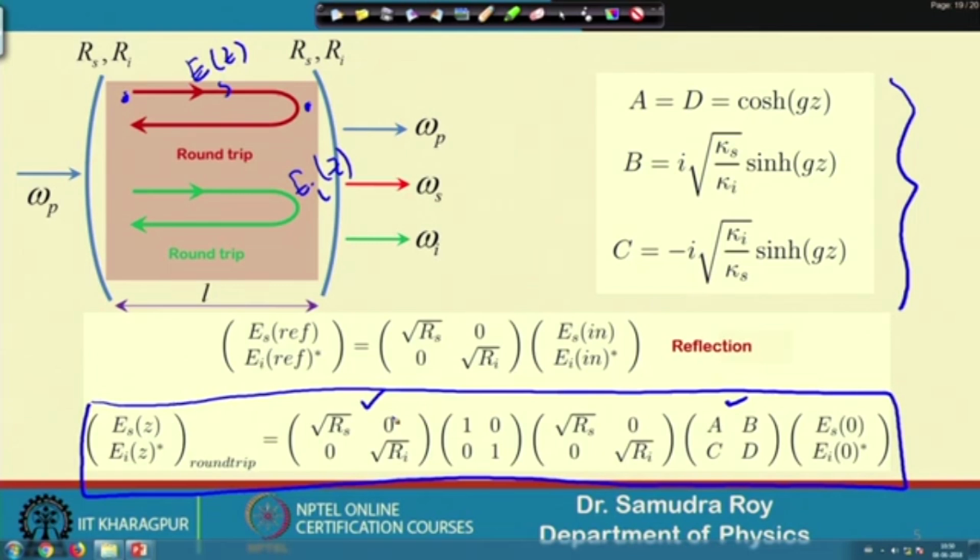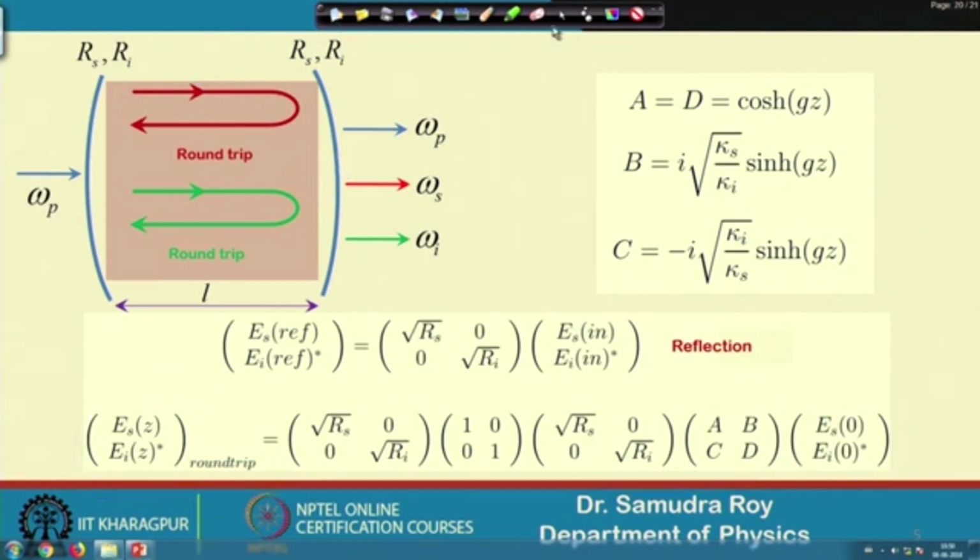So, we have 4 matrices together, and this 4 matrices can combine and we can generate the relationship between the input and the output field, and then we find the threshold condition to amplify the process.